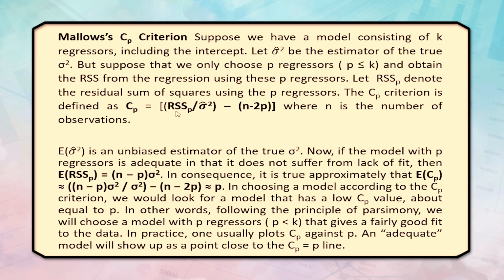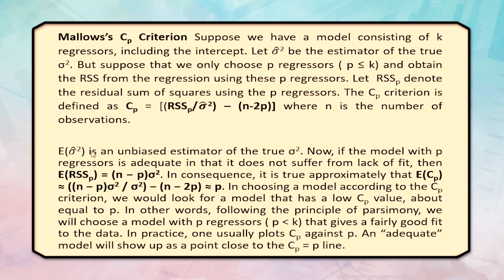The Cp criterion is defined as the difference of two expressions. The first expression is the ratio RSS p, where RSS p is the RSS from the model using p regressors, divided by sigma square hat, and the second expression is n minus 2p. So, it is the difference of these two expressions. The expectation of RSS subscript p will be n minus p times sigma square.